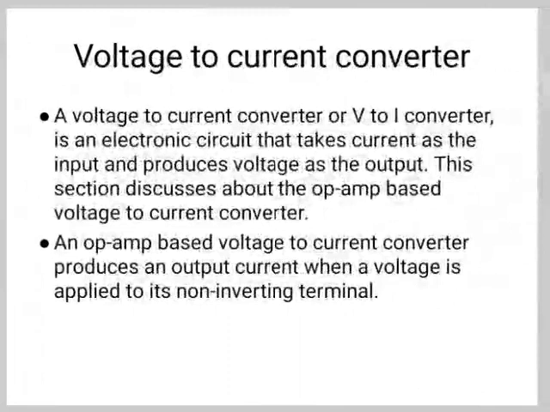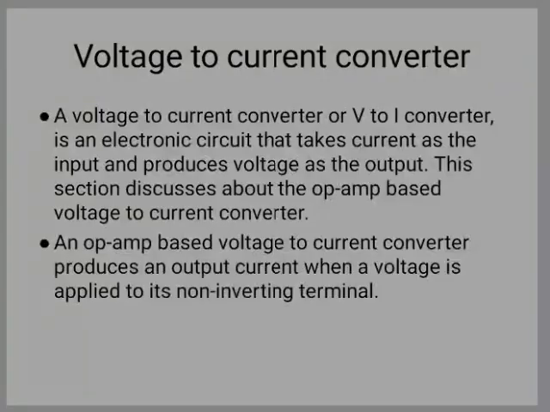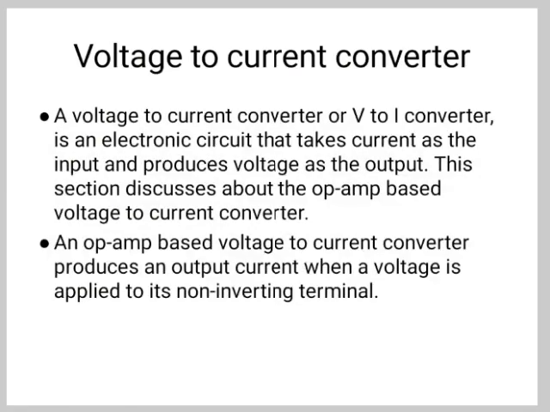So next is the first type, voltage to current converter. The voltage to current converter or V to I converter is an electronic circuit that takes voltage as the input and produces current as output.